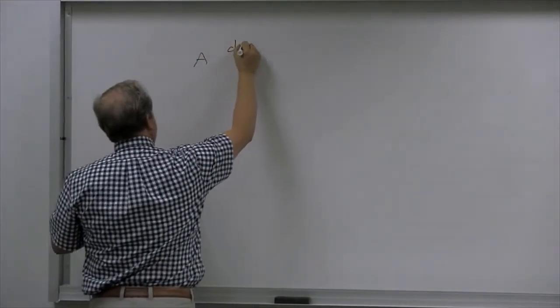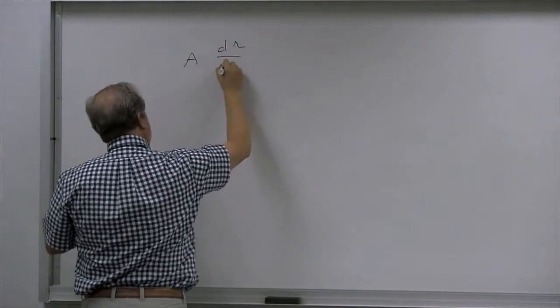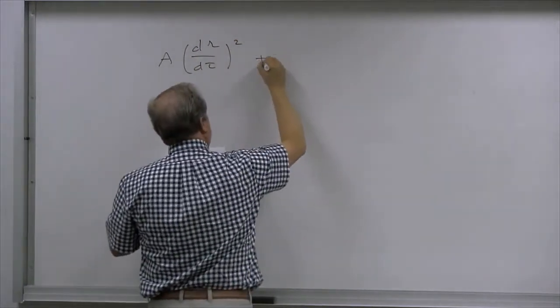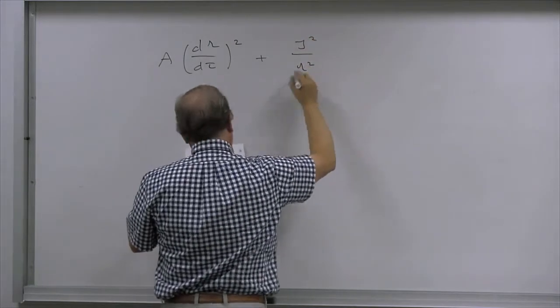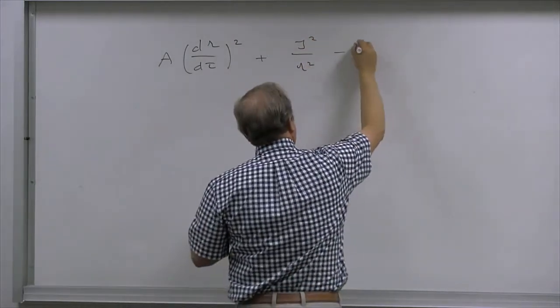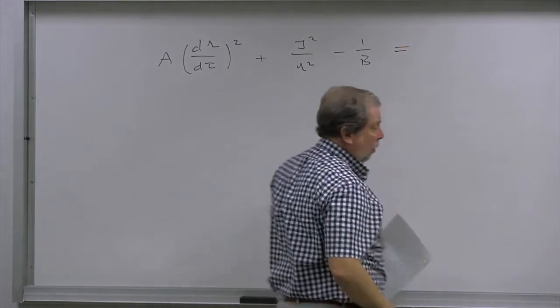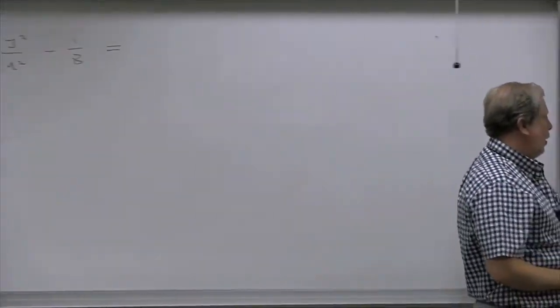The dot, dot, dot is a times dr by d tau squared plus j squared over r squared minus 1 over b is equal to, well, when we integrate this equation, we get an integration constant.